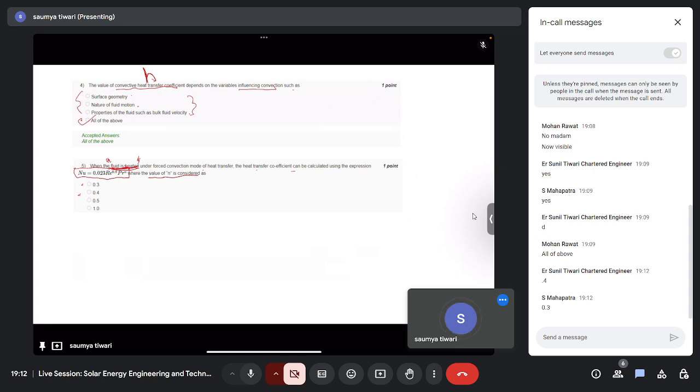You know that if the fluid is heated, then for this Nusselt number correlation, n will be 0.4. If the fluid has been cooled, so if that type of cooling heat transfer had been happening, then this n number would be 0.3. Okay, I hope this is clear.